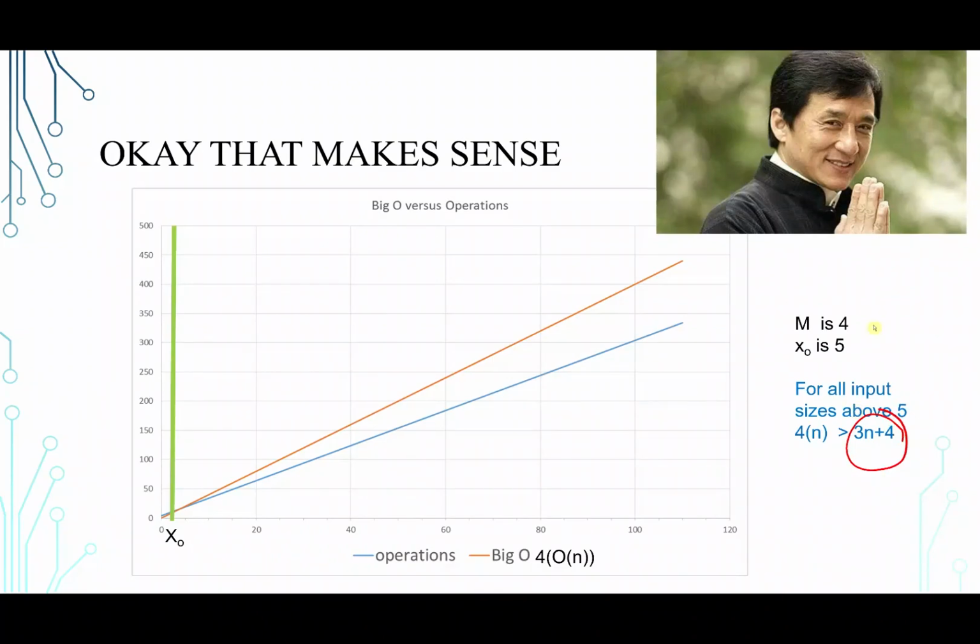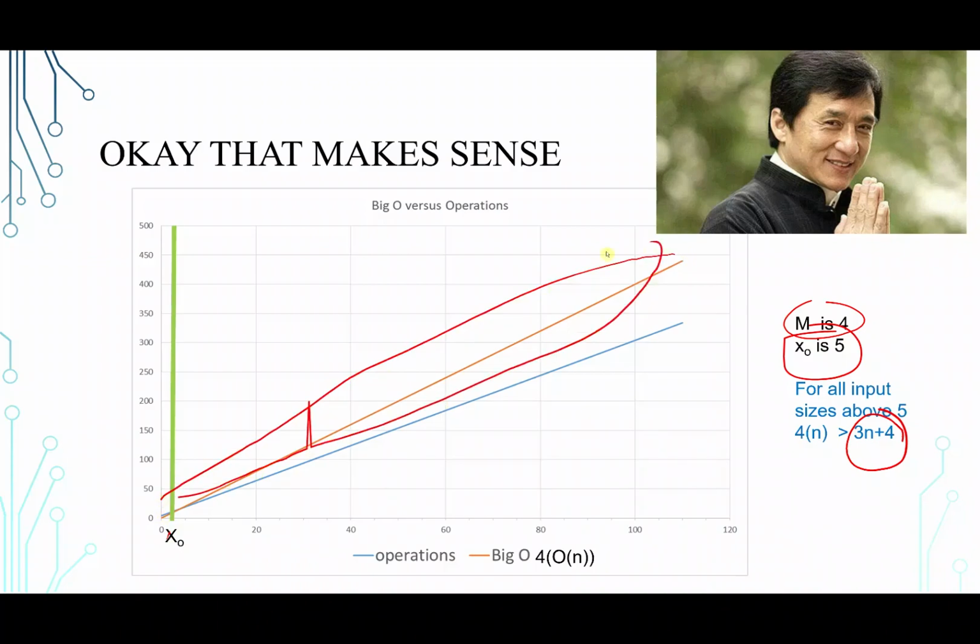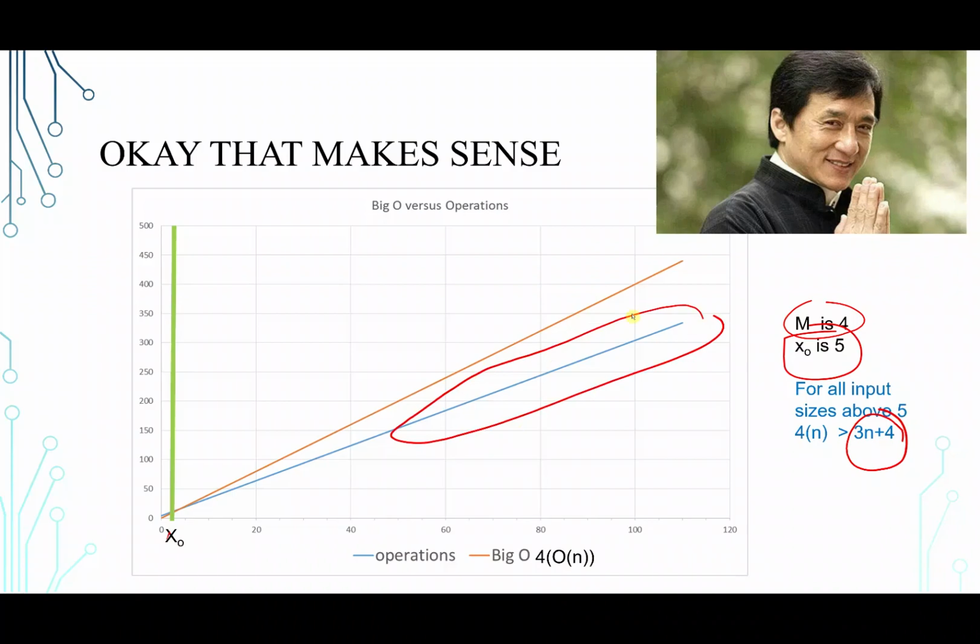So if I have m is 4, x0 is 5, as you can see, x0 is the 5 in here. This is where the big O, this orange line, is going to keep going above the blue line, which is my equation, my 3n plus 4.